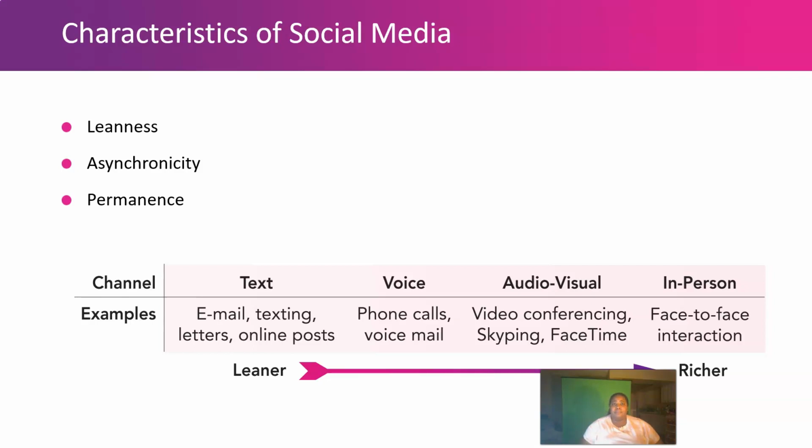So for example, just like in the characteristics of communication earlier, what is put out there is out there forever. If you follow social media gossip columns like I do, when we say they pulled receipts, that means even though the celebrity might have deleted the content, some way the internet is able to screenshot and just pull things off the internet. So what is out there? It's out there.